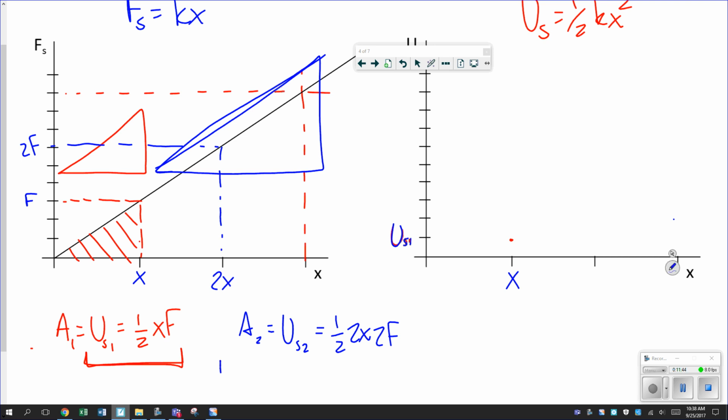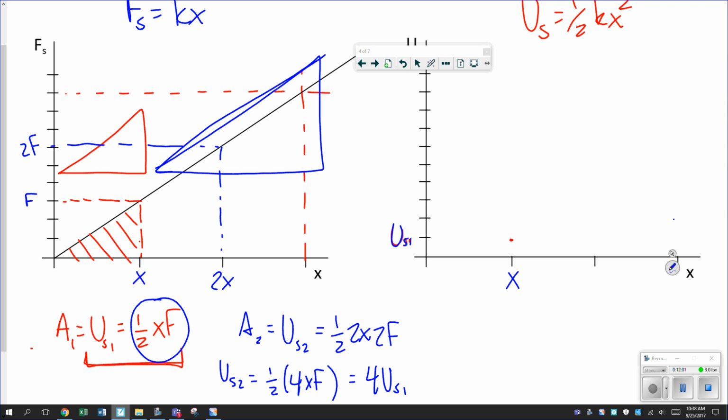Or that's US2 is 1/2 times 4XF. Or notice it's 4 times as big as this. So it's 4US1.